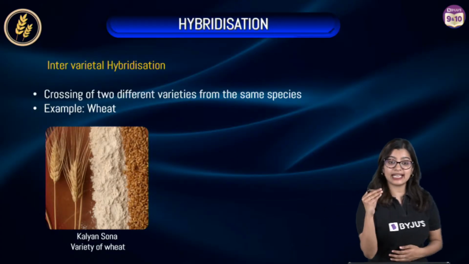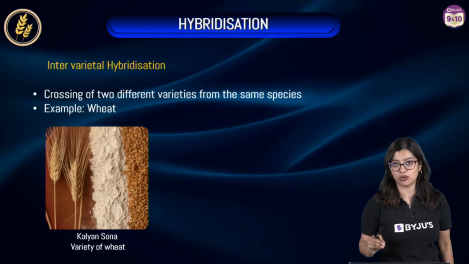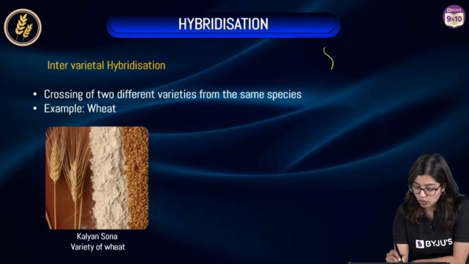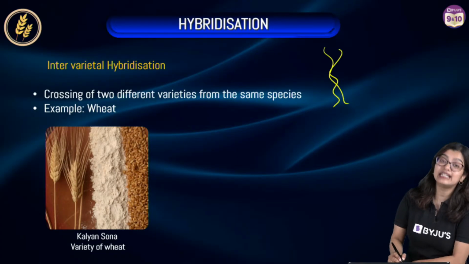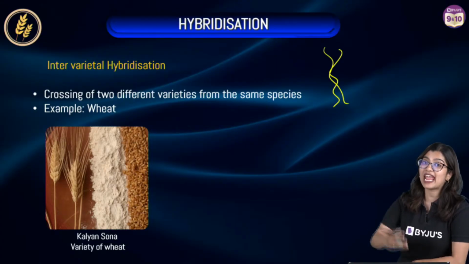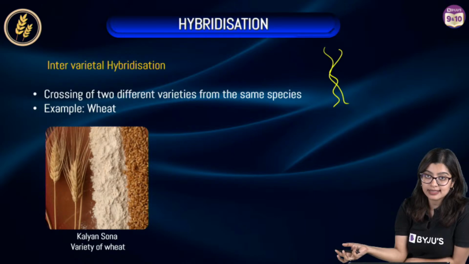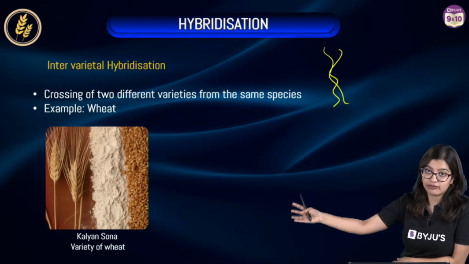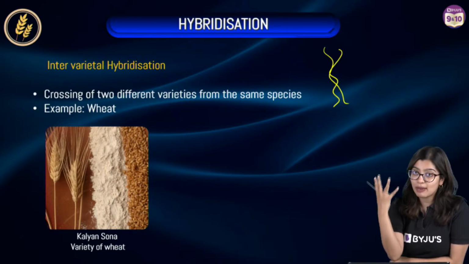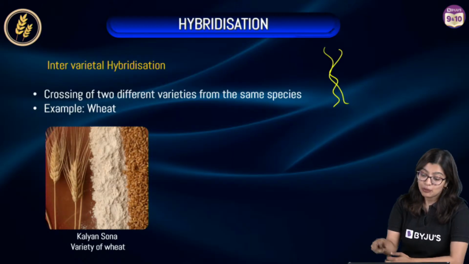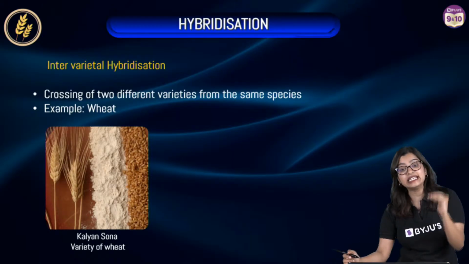No. There are various things you have to consider. Even though we say they are genetically dissimilar, they cannot be so dissimilar that they cannot produce a new organism. If they are so different from each other, they may not be able to produce a new organism, which is why we can only do it at these levels.